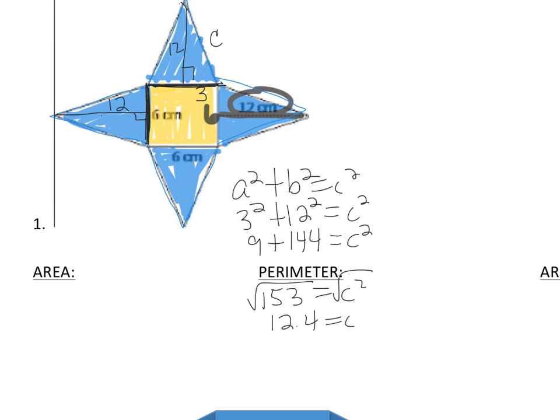So every side, 1, 2, 3, 4, 5, 6, 7, 8 sides is equal to 12.4. So I could add 12.4 8 times, but the quicker way would be to do 12.4 times 8, which gives us approximately 99 2/10 centimeters for our perimeter.